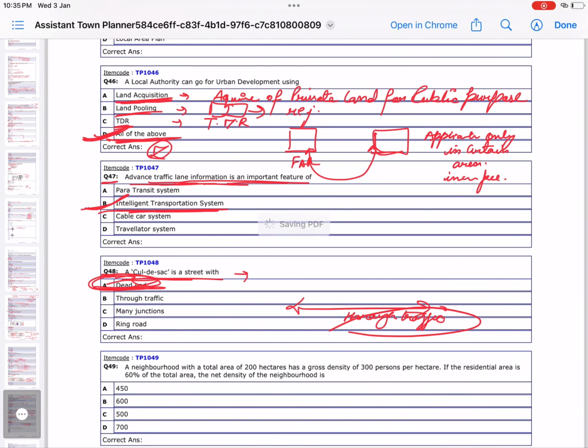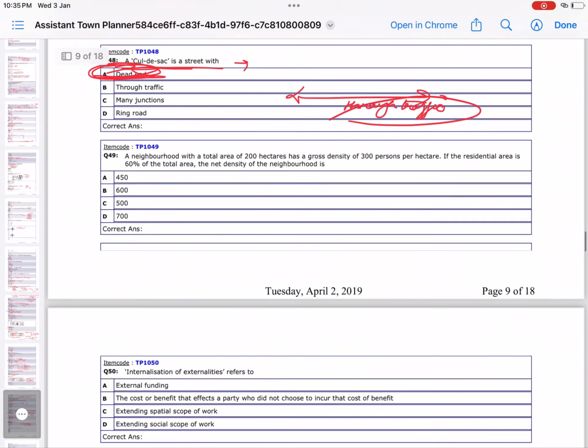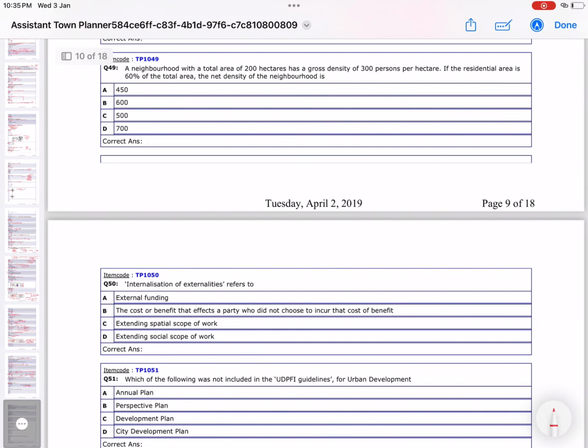Question number 49. It is a numerical question. It states that a neighborhood has a total area of 200 hectares, gross density equals 300 persons per hectare. If the residential area is 60% of the total, the net density of the neighborhood is.